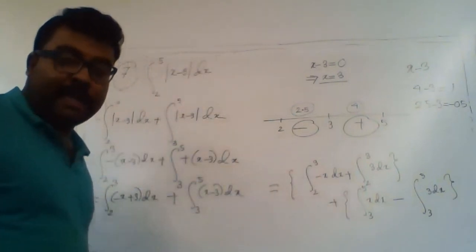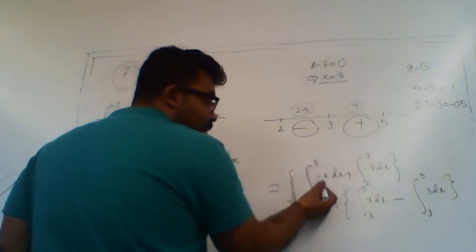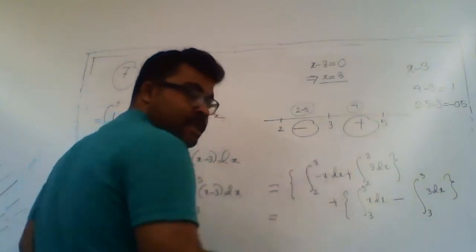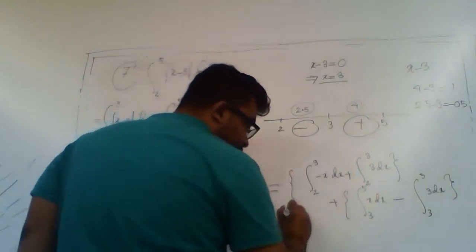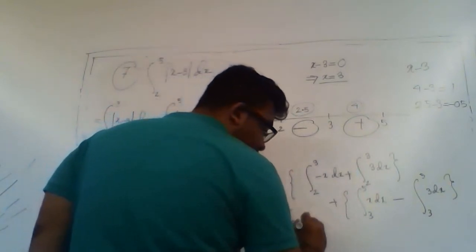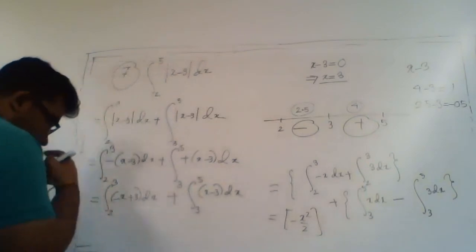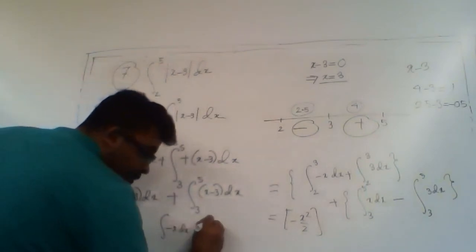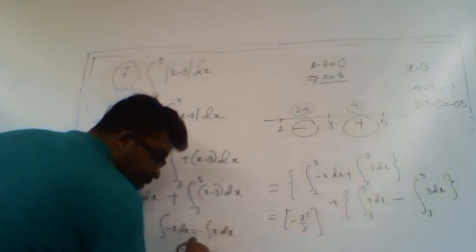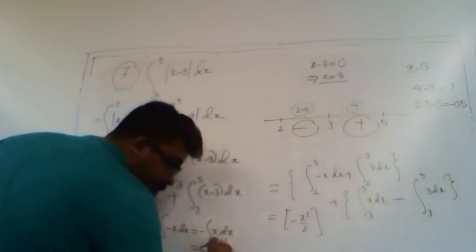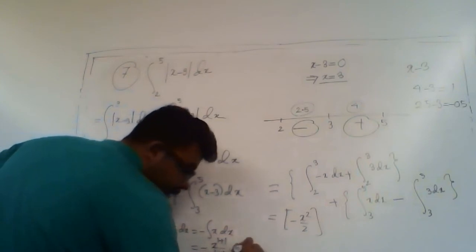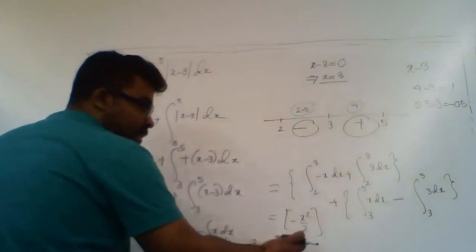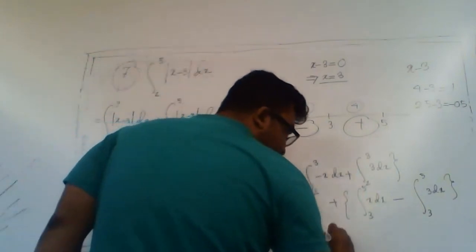We know how to find a definite integral. First find the corresponding indefinite integral. What is the indefinite integral of minus x? It is minus x squared by 2. Why is it so? Because for the integral of minus x dx, you can take minus out, you get x dx, then using that formula it is x to the power 1 plus 1 over 1 plus 1, so it is minus x squared by 2. Put the two limits 2 and 3.